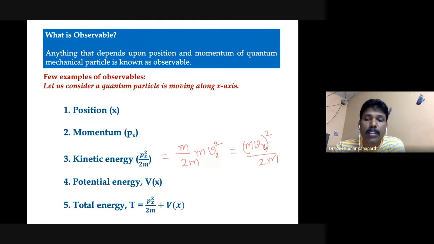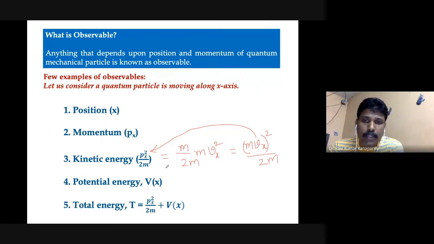Since we have the x component of the velocity, we replace it with px. This is the shorthand notation, and in the denominator we have 2m. That's how it has come. So don't get confused, and this will not be explained again and again.